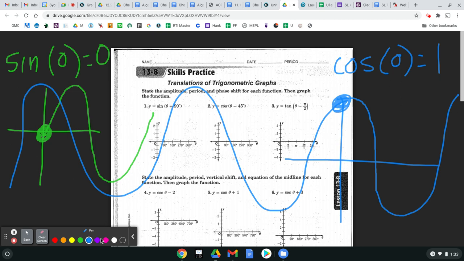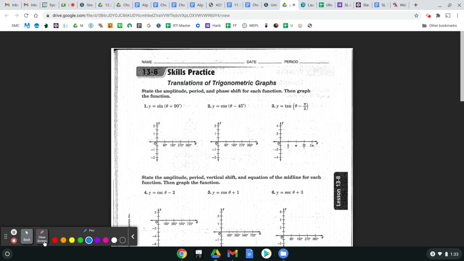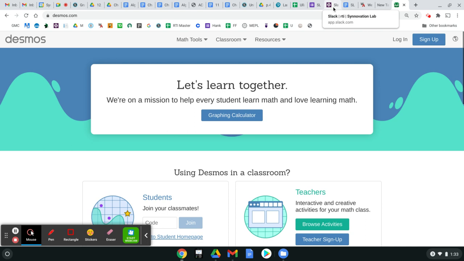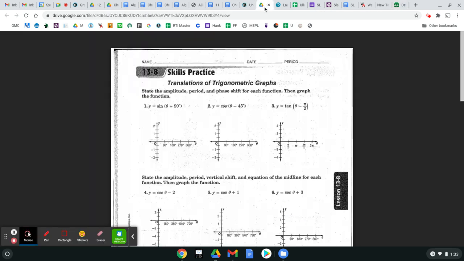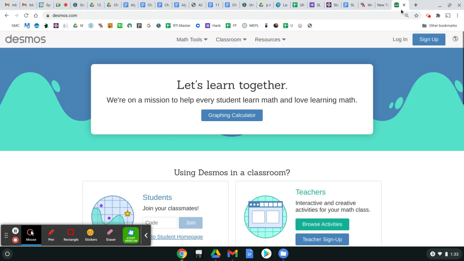Yeah, I do. All right, so here's how you would do this. You can use Desmos as much as you want to help you on this section. The way I would advise doing this question: first, just type sine of x into Desmos.